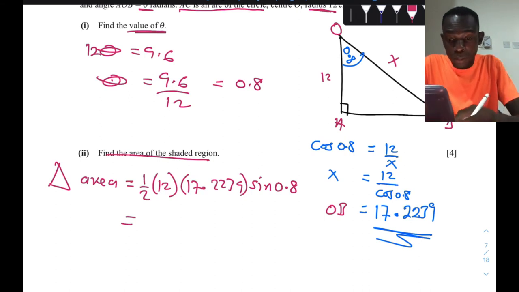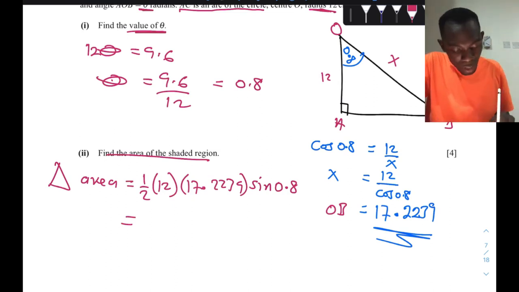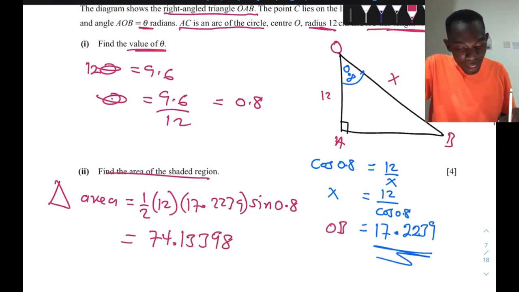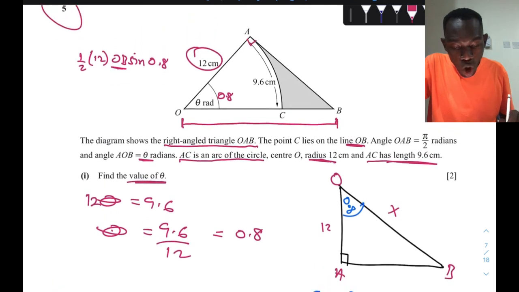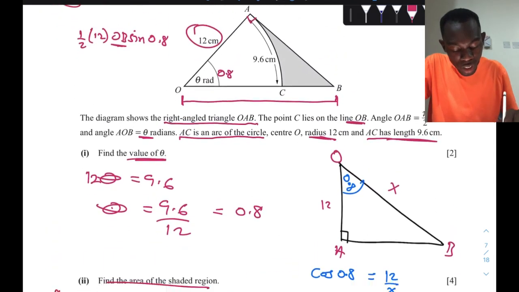So you have 0.5 times 12 times my answer times sine 0.8. That gives me 74.13398, something like that.